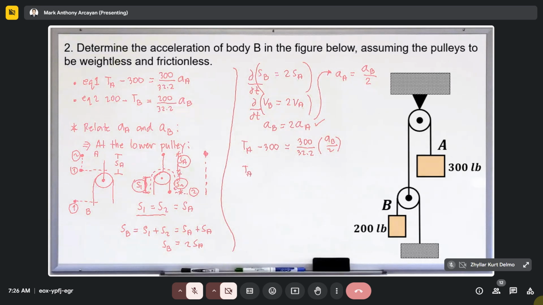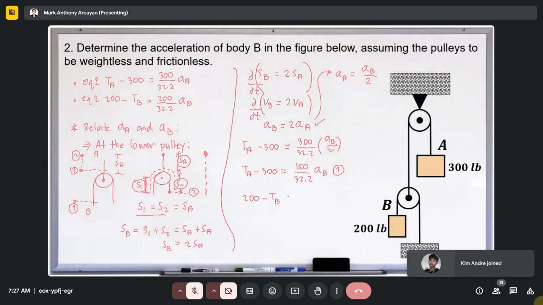And this will become TA minus 300 is equal to 300 divided by 2, that's 150, over 32.2 times the acceleration of B. This would be our new equation now for 1. Then for the second equation, we have 200 minus T sub B is equal to 200 over 32.2 times the acceleration of B. This would be our second equation.